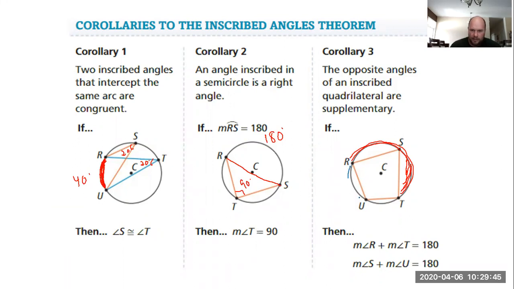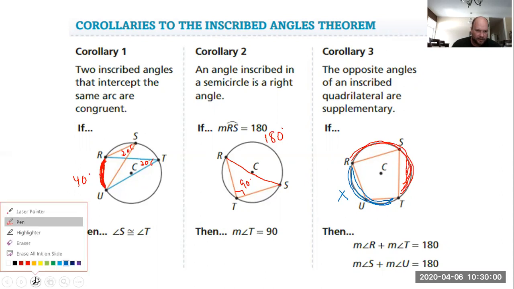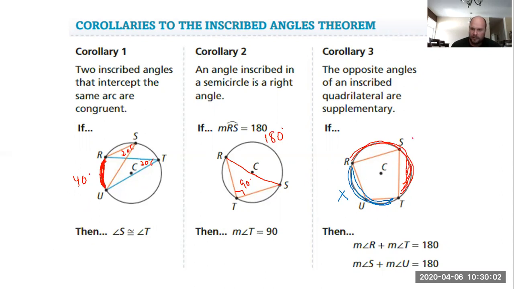And this arc here, I'm going to go in blue. We don't know the actual measures of those 2 arcs, but I could say that this blue arc is called X. And I could say that the other arc would then be 360 minus X. Well, I know that angle S is going to be half.